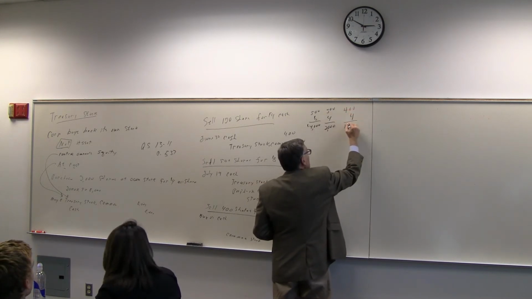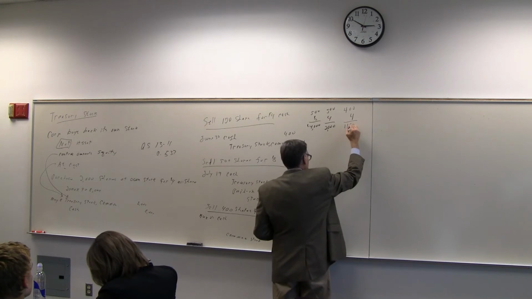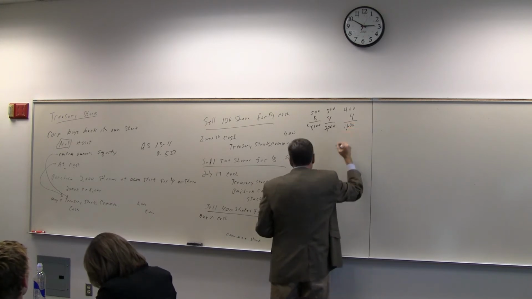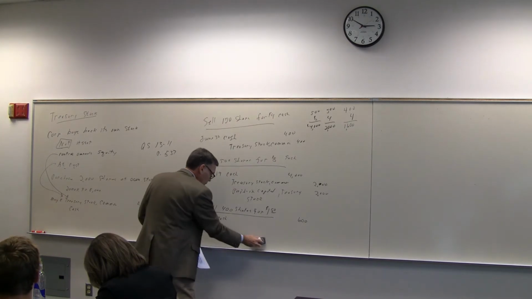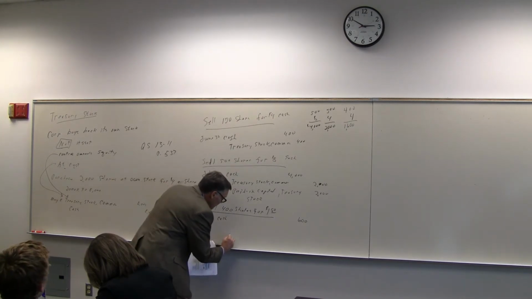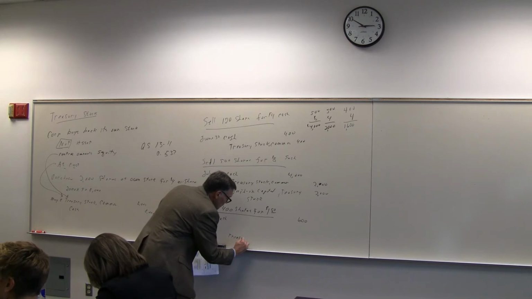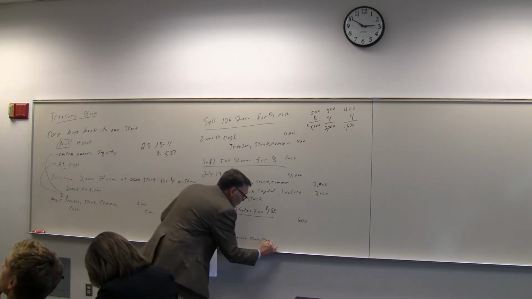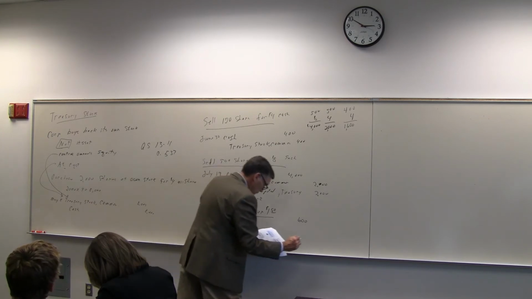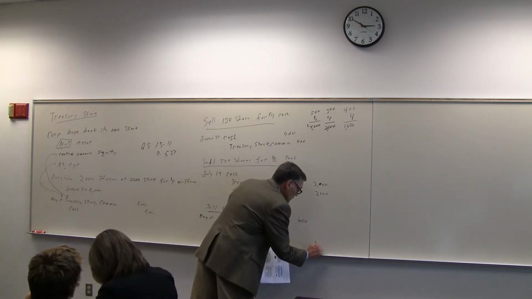That means treasury stock common will be debited for $1,600.